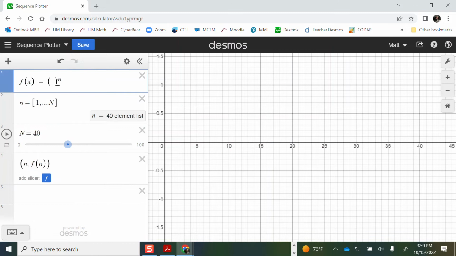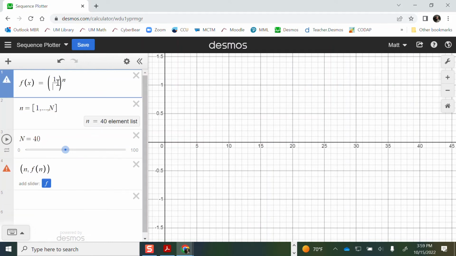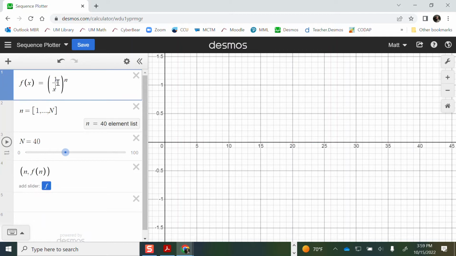So it's 1 over n, which in this case is x, raised to any number that's greater than 0. Let's try x raised to the 1. I'll get rid of this n.